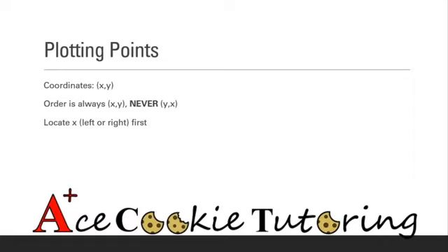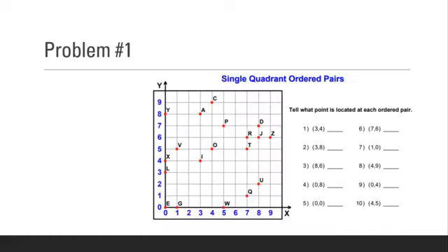What you're going to do is find your x-axis, and then find your x-coordinate by moving left or right on that x-axis. And once you find your x-coordinate, then you plot your y. So you just move up or down from your point on the x-axis.